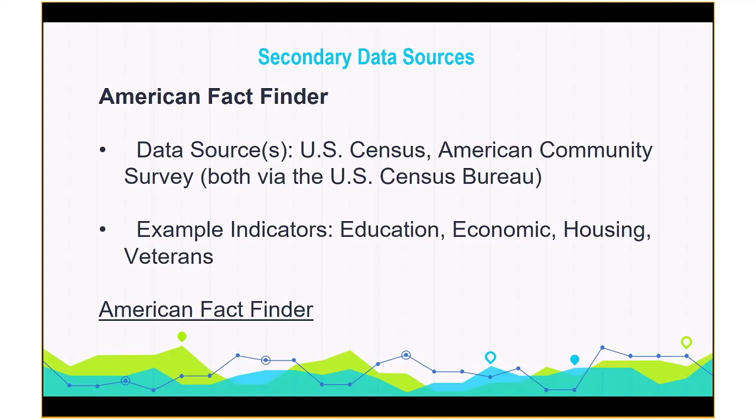It also provides data from the American Community Survey, or the ACS. The ACS is an ongoing survey by the U.S. Census Bureau that randomly samples 3.5 million addresses each year throughout the U.S. It uses a series of monthly samples to produce annually updated estimates for the same small areas, census tracts, and block groups, formerly surveyed via the decennial census long-form sample.